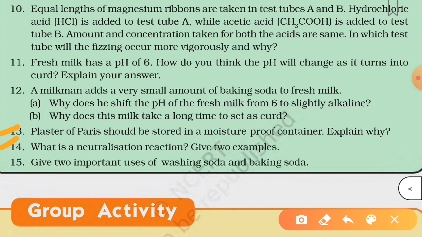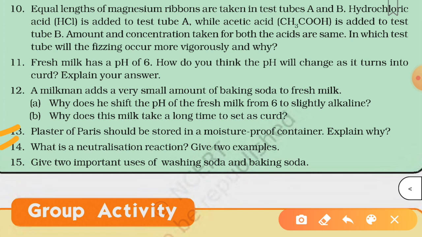A reaction in which an acid and a base combine together to form salt and water, and they both cancel each other's character. When an acid combines with a base, the basic nature is removed and the acidic nature is removed. That's why it is called a neutralization reaction. We can give any example. You can say that HCl plus NaOH gives you NaCl and water.